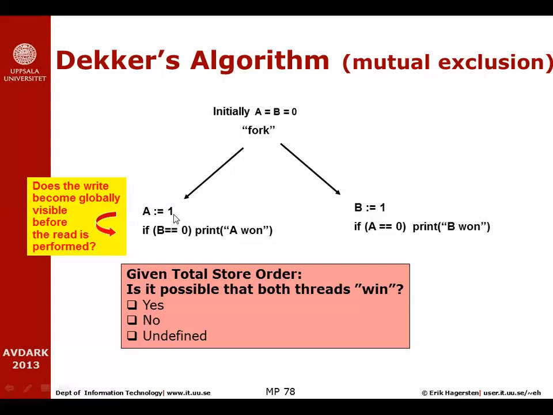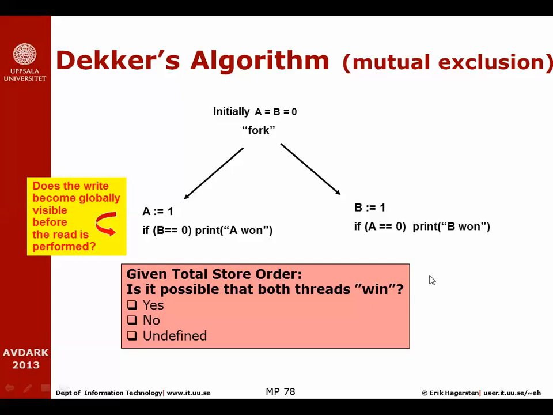Is it put in the global order before the thread is able to perform this load operation? Unfortunately, the answer to that question is yes. It is possible that both threads win if you execute this piece of code under total store order, and that was not what Dekker had in mind. So that means that this piece of code is broken.